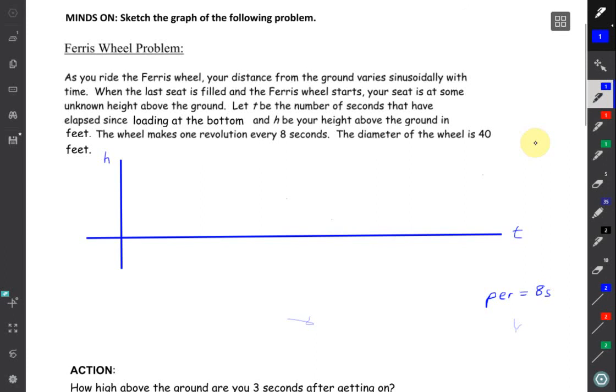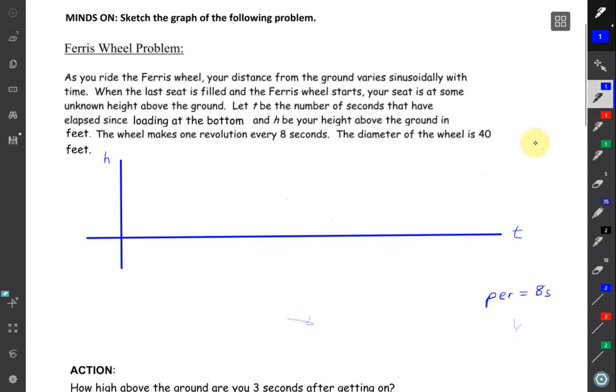And the diameter of the wheel is 40 feet. So we know that the diameter is going to tell us about how high above or below a certain axis it goes. This doesn't say anything about the bottom of the Ferris wheel being any particular amount above the ground, so based on this, we're just going to assume that the ground is 0.